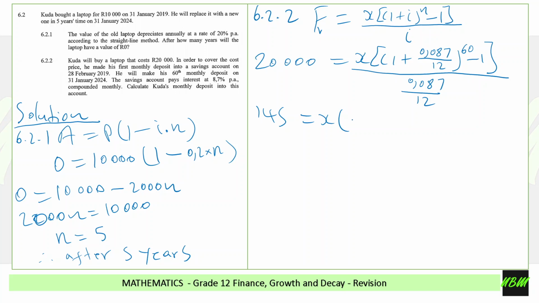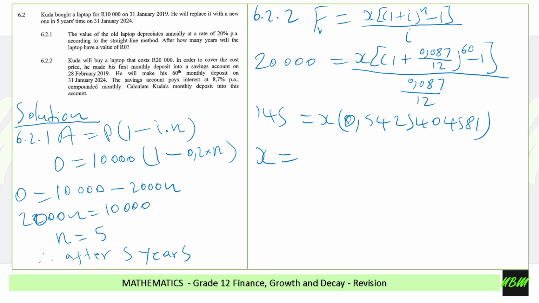This will give us 0.5425404581. Then divide both sides by the decimal and solve for x.